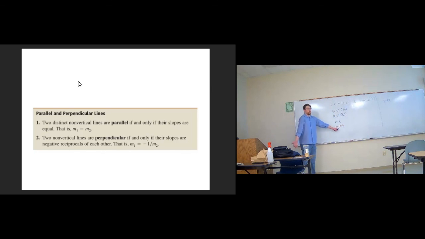So just 1/5x plus a different b will satisfy, right? Because the intercept is different, but the slope is the same. Everybody cool with this?